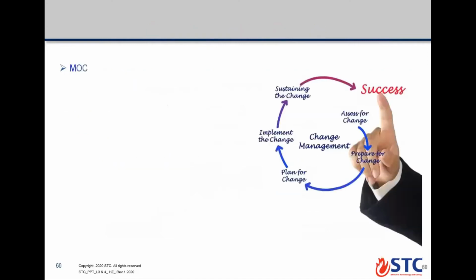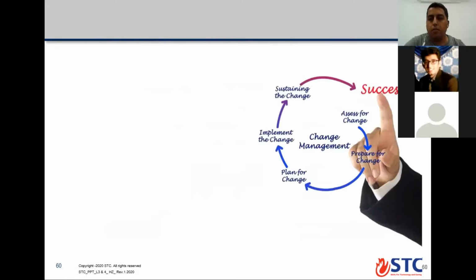After that, we'll move to talk about the MOC system. What is the MOC? Management of change. What is the meaning of management of change when we apply this system? If we want to do something, we need an approval from the head of our department, and then that head of department also needs approval from his boss as well.